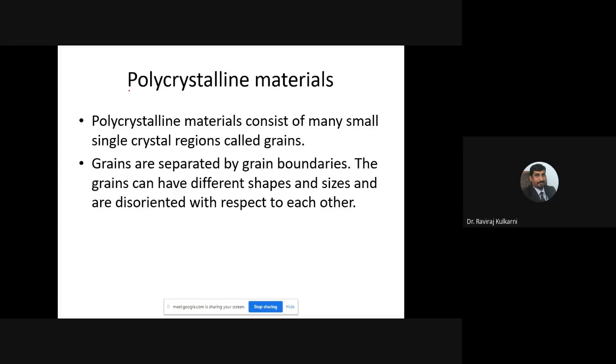So what are polycrystalline materials? We are interested in polycrystalline because we are talking about nanomaterials. In a single crystal, all the phases and sizes may be above nanoscale. Polycrystalline means nanoparticles: materials consisting of many small single crystal regions called grains. For example, this is a grain, this is a crystal, and there is one more crystal.